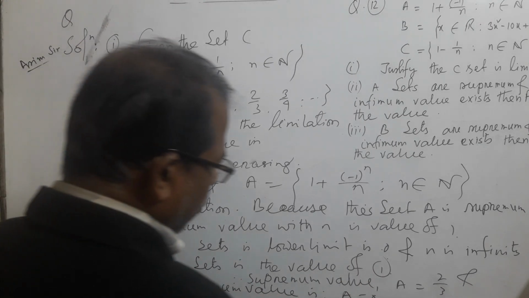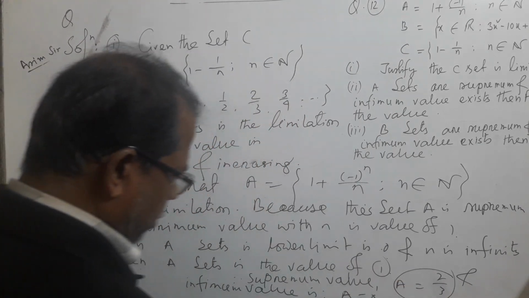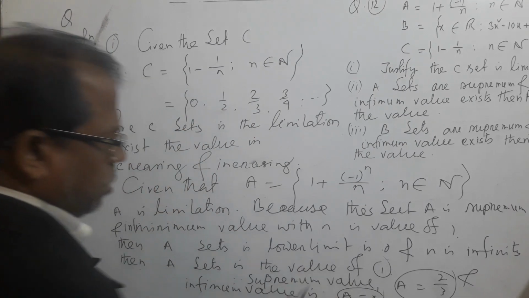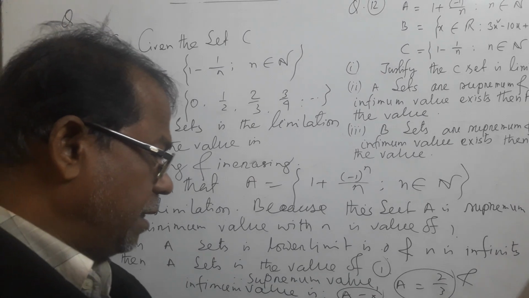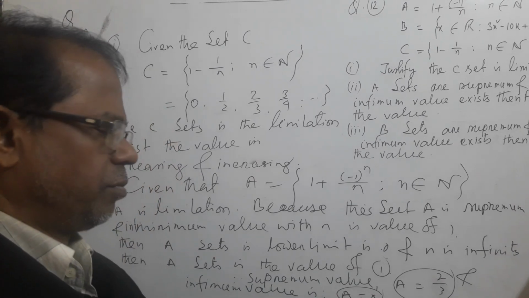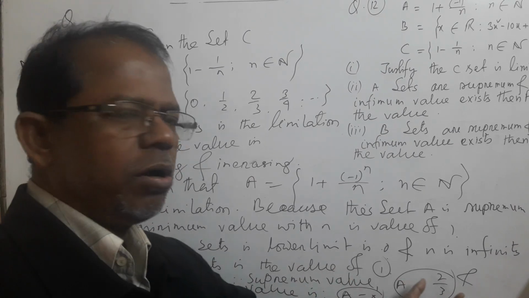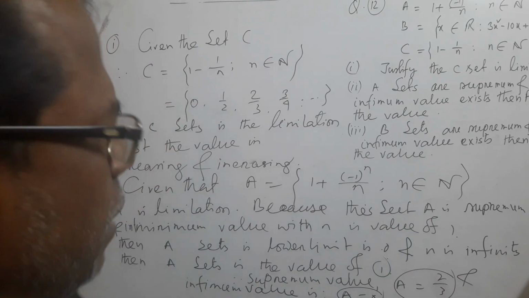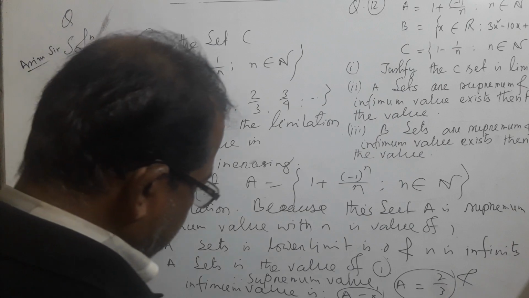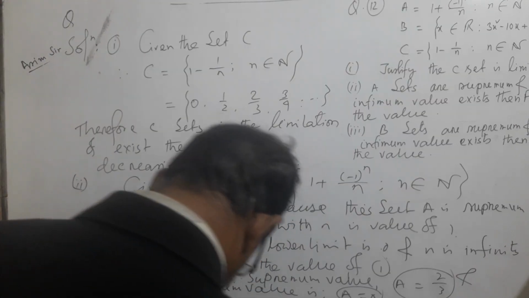So the supremum value is 2/3 and the infimum value is 0. Now it is clear.